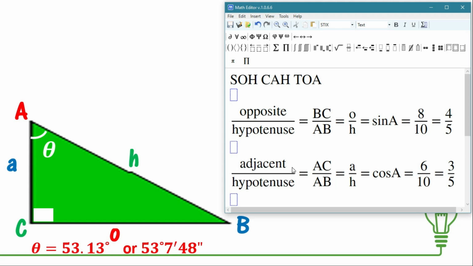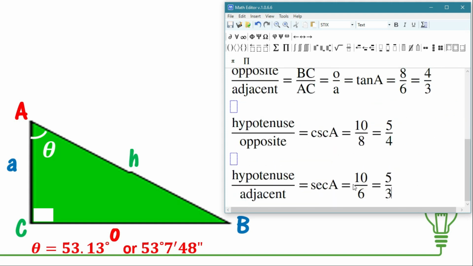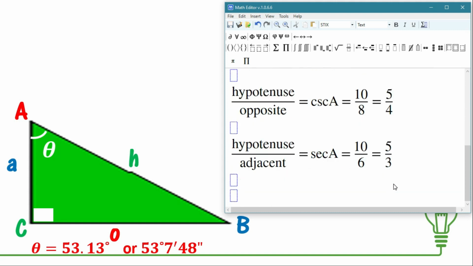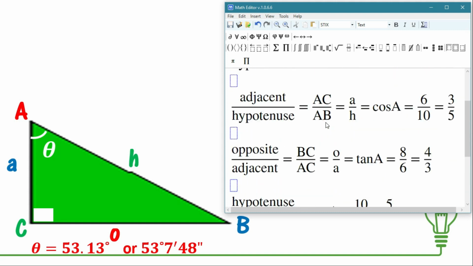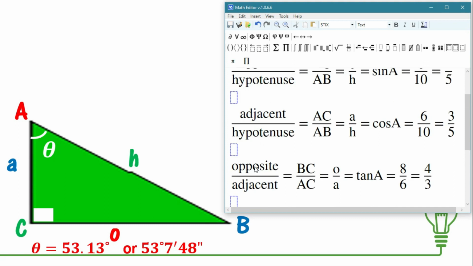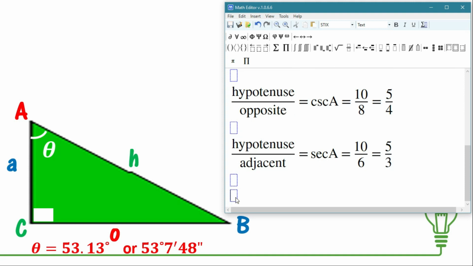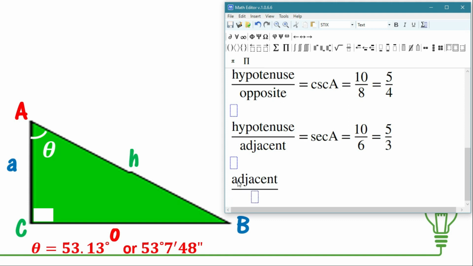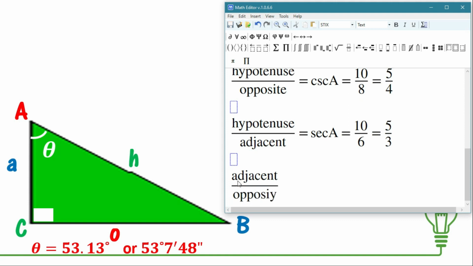Okay? Next is the last, which is this one. Opposite over adjacent. So we are to reciprocate it. We have adjacent over opposite. And that function is what we so-called the cotangent function, or cot. Okay?